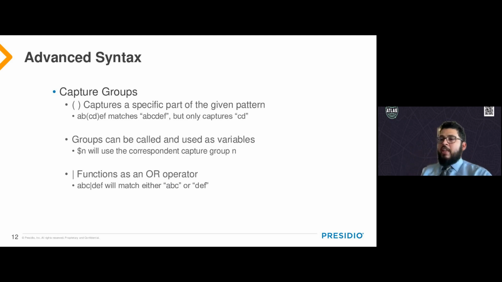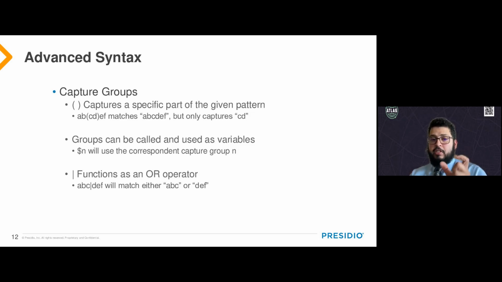And then the way that Splunk handles capture groups is it will assign a value to it so you can use it as a variable, right? So whenever you're using capture groups as a variable, you are going to make a replacement or a transformation. You use a $ sign and the number of the capture group that you have on your string. If you have more than one, it'll assign the numbers in order from left to right. So say $1, we'll use capture group number 1, right?